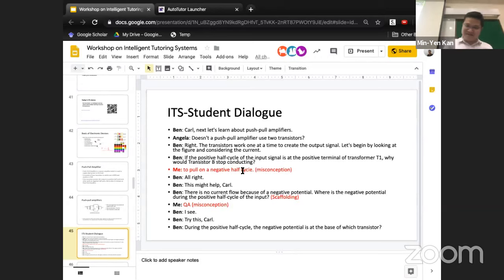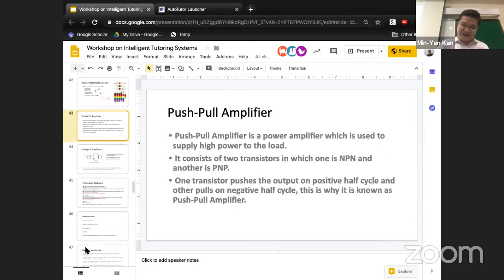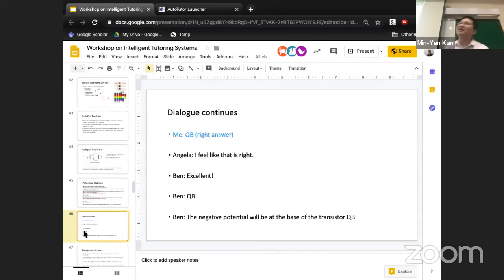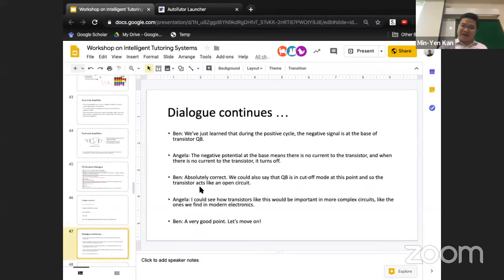And then what we can see here is that finally I answered it right. I answered QB, and the two tutors feel relieved. Okay, I feel like this is right. It is excellent, encouraging me. So the dialogue happens between the student and the two computer tutors, and these two tutors then try to consolidate my understanding.